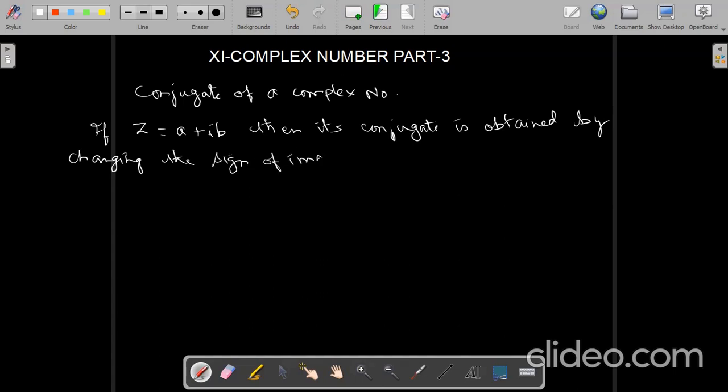This is very important, that we have to change the sign of only the imaginary part.